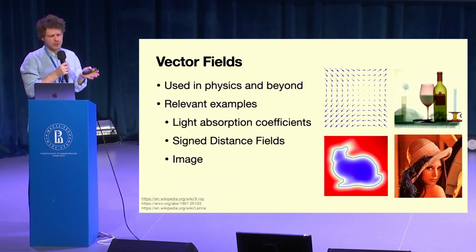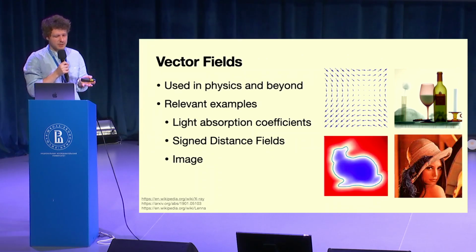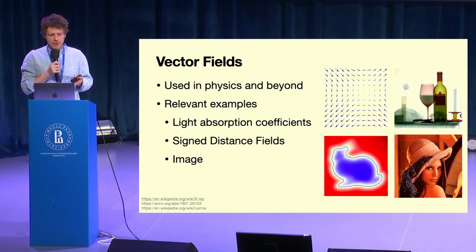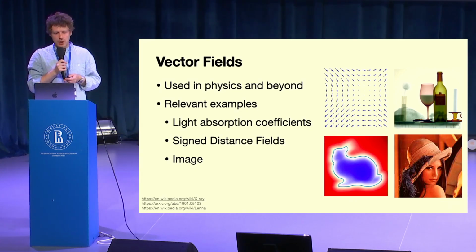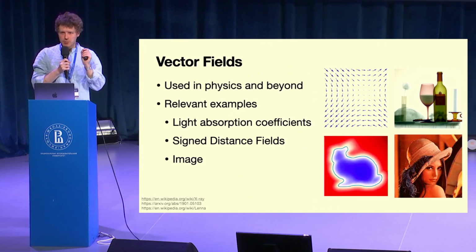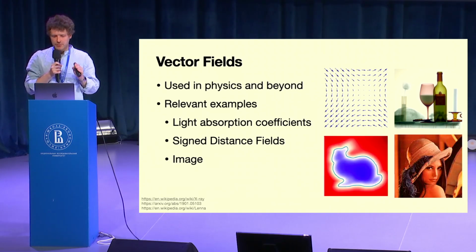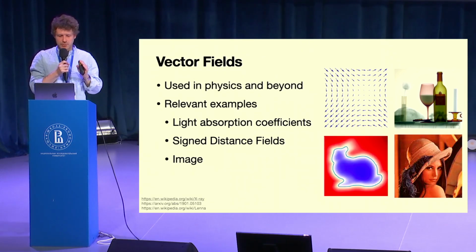It's a vector field that can come from physics and model some sort of force in space. The other three examples are more relevant to today's topic. The top right example is an X-ray image, which is essentially a map that says how much light passes through this part of space. In this image, there is a glass of wine and a bottle of wine, which allow some portion of light to pass.